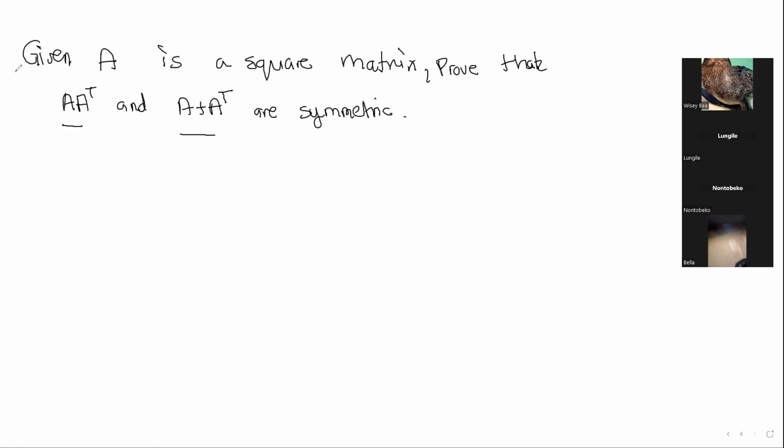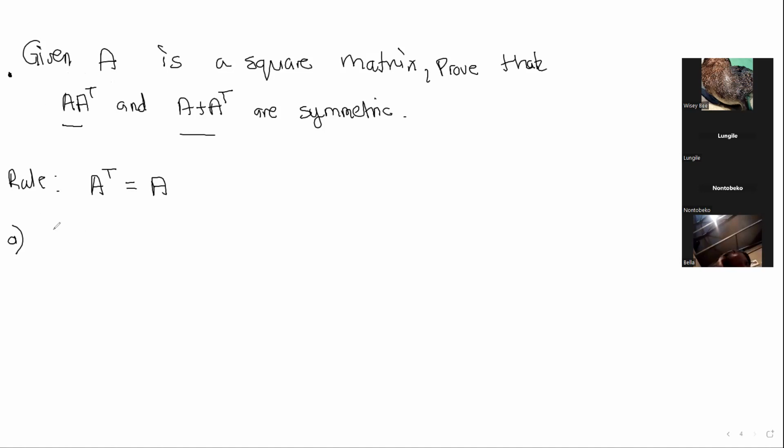And remember that the rule for symmetry is AT is equal to A, right? So we're gonna start with this one. We are given that A is a square matrix. It must be a square matrix, so that's good. You need to prove that this is symmetric.